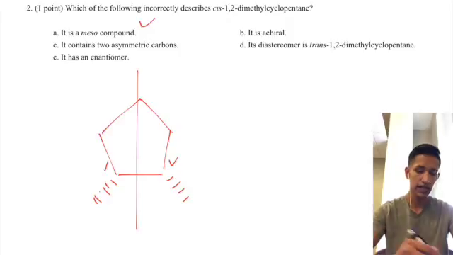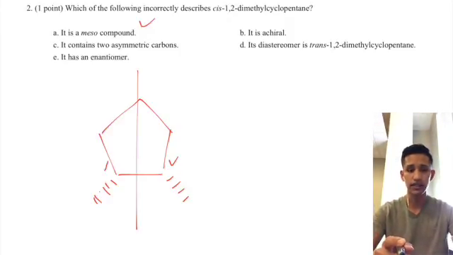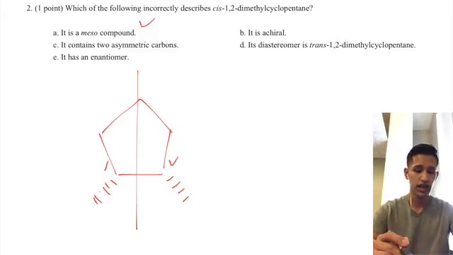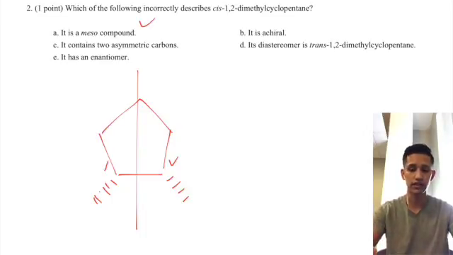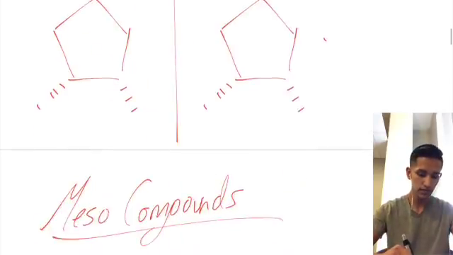So when light comes in through one side, it's going to rotate it, let's say, in the positive direction, whereas when it comes through the other side, it's going to rotate it in the negative direction. And now they cancel each other out. That's what makes meso compounds optically inactive.